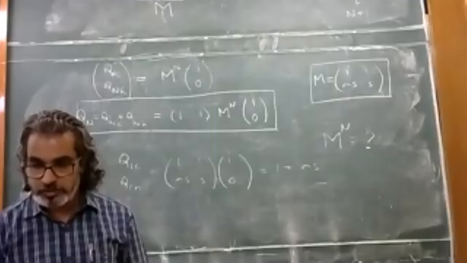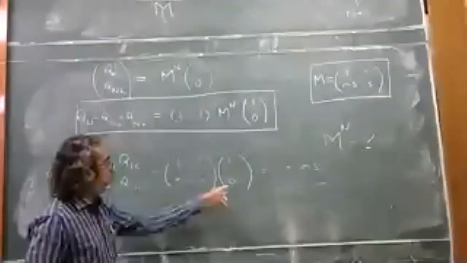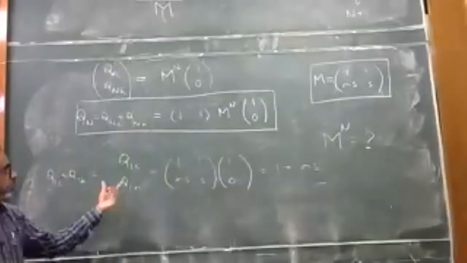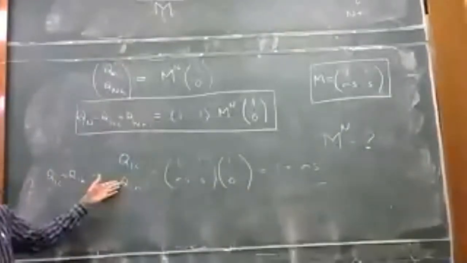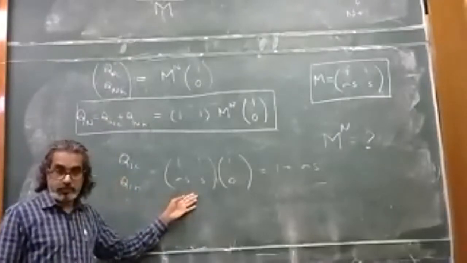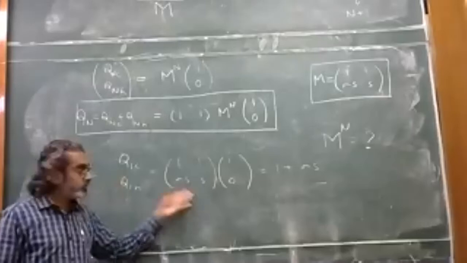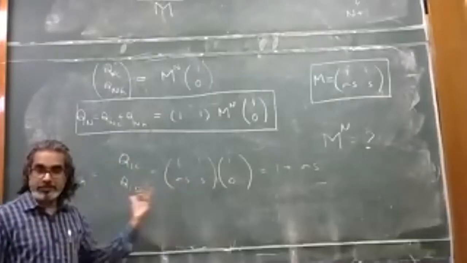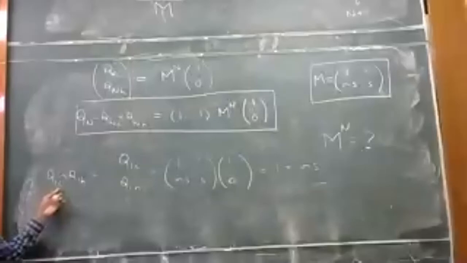I think it's for mathematical reasons. To complete the mathematical picture, it's a 2 by 2 matrix, and I'm multiplying by 1, 0 to get only two terms. By doing that, I'm getting both terms, Q1C as well as Q1H.